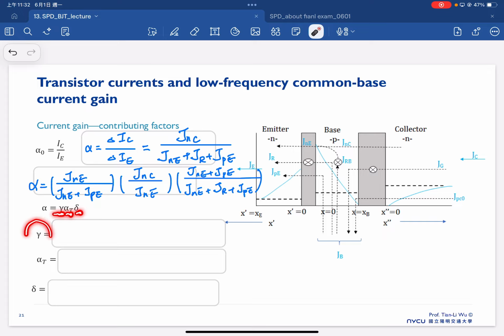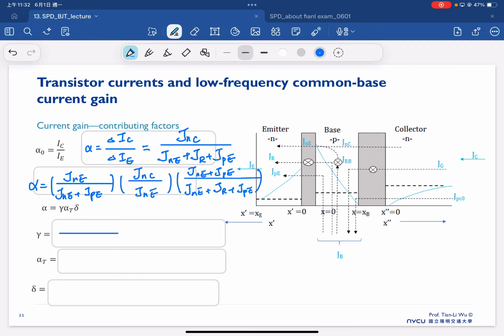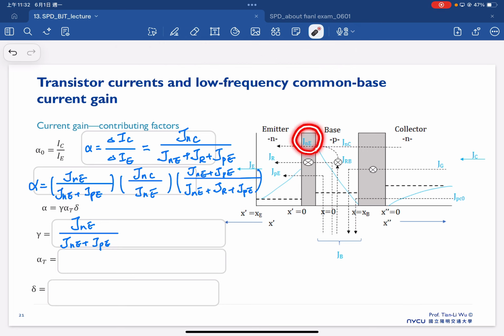So the first one, the gamma factor here, is this one, the JNE over the JNE plus JPE. Now try to look at the schematic here. Here is a JNE, and where is the JPE? Here is a JPE.